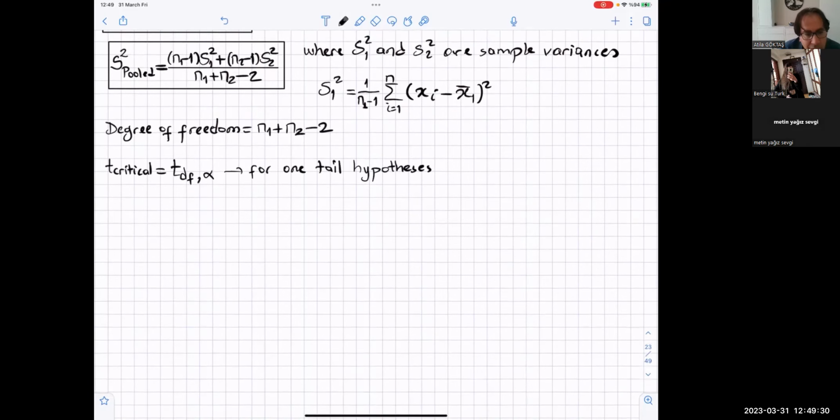Otherwise, for a two tail hypothesis, you use the t critical value with the t distribution, df degrees of freedom, and divide alpha by 2.